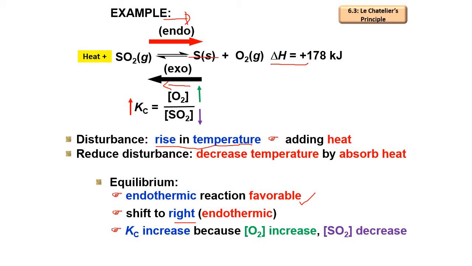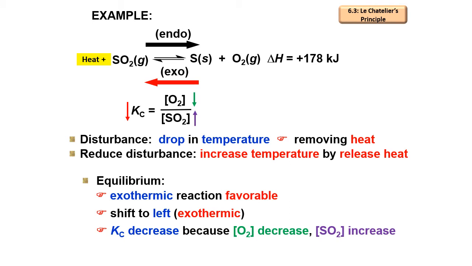When the reaction shifts to the right, the concentration of oxygen increases, meaning the concentration of product increases and the concentration of the reactant decreases. Oxygen increases, directly proportional, so the Kc value increases.